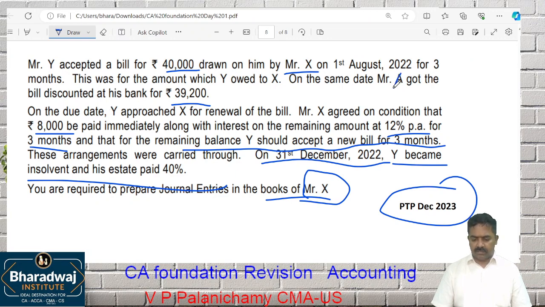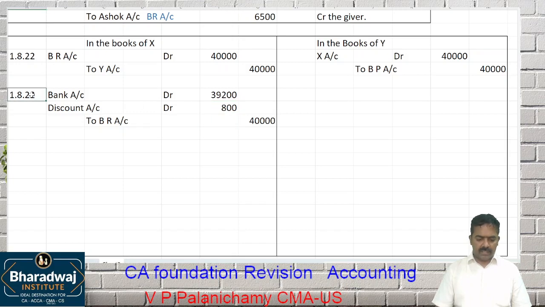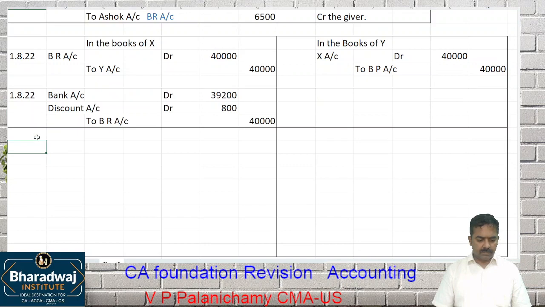Mr. X. So discounted for 39,200. So what is the discount? 800 is the discount.